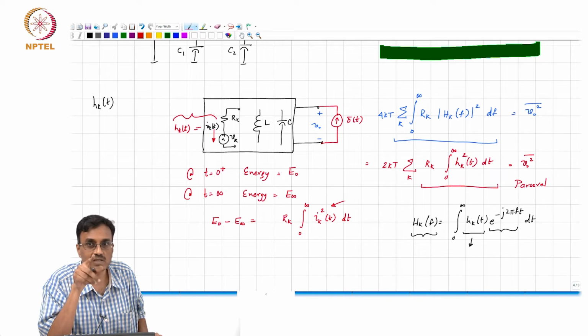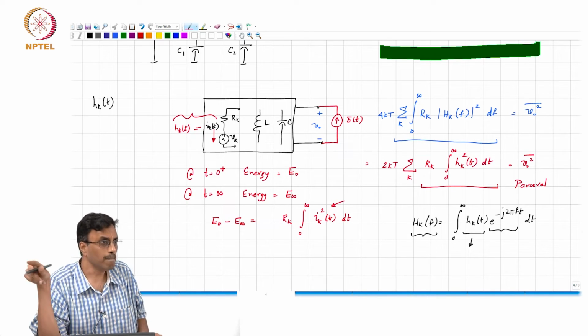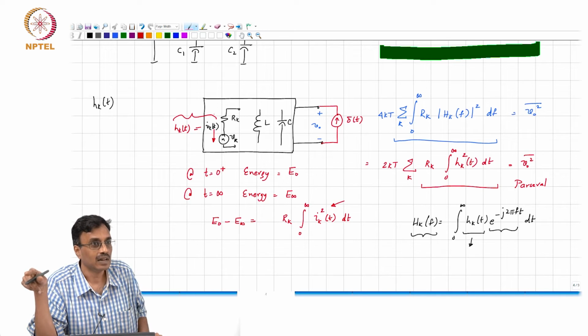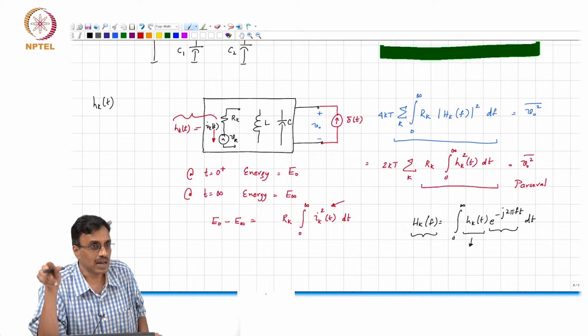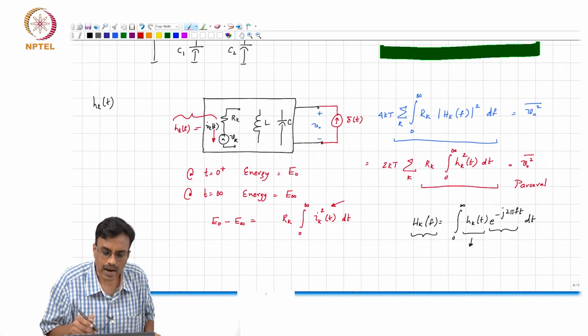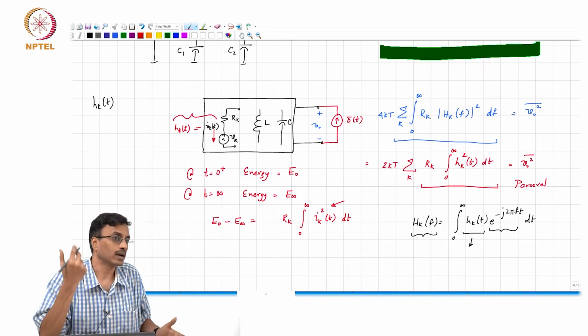That's dimensionally inconsistent, that's incorrect, right? All you can say is the shape of the waveform is the same as hk of t, but I have to multiply it by what?